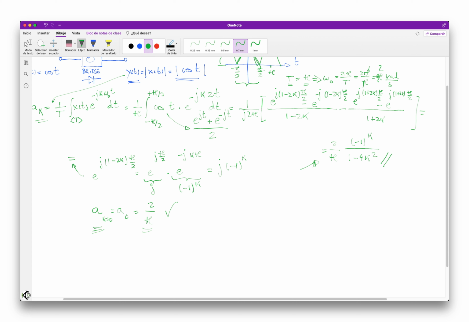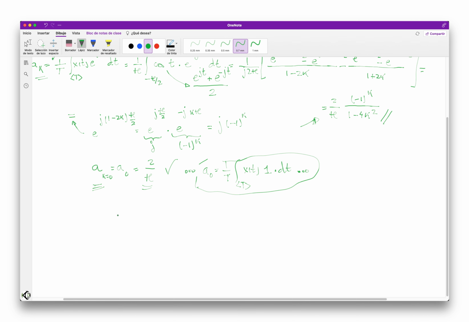If you have a result that is not meaningful, meaning plus or minus infinity, or an indetermination, what you should do is go back and calculate a sub 0 directly with the formula, putting directly k equal to 0, which makes a 1 over here, and then you calculate this directly, in case that calculating for a general k and then putting k equal to 0 gives you an indetermination.